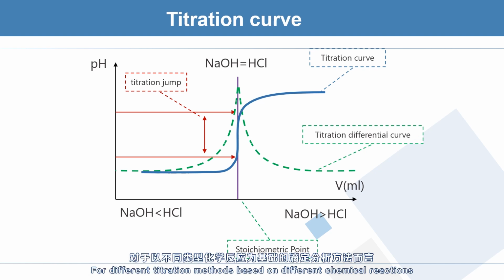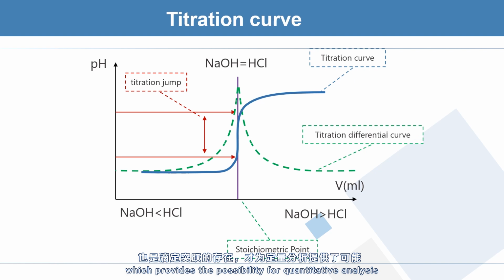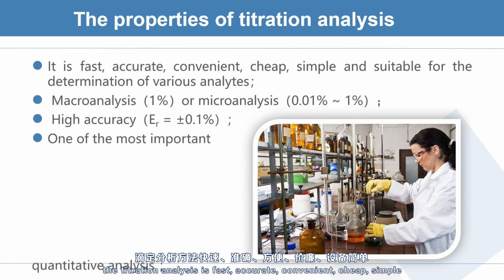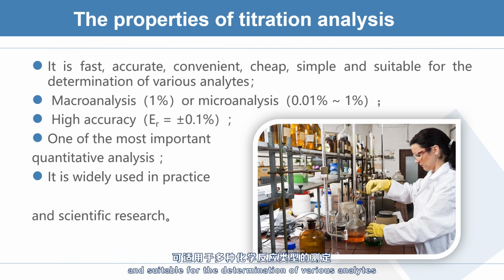For different titration methods based on different chemical reactions, titration jump is a common phenomenon, which provides the possibility for quantitative analysis. In general, titration analysis is fast, accurate, convenient, cheap, simple, and suitable for the determination of various analytes.